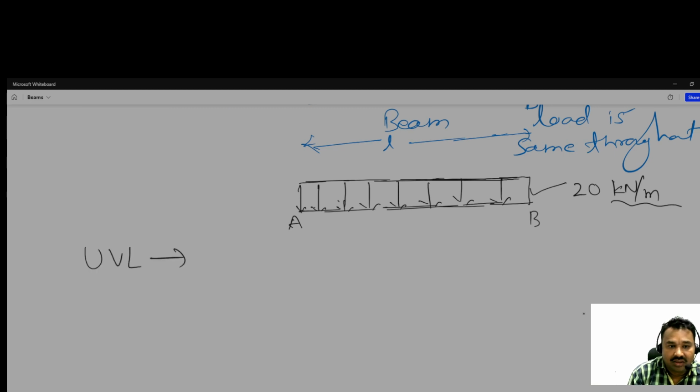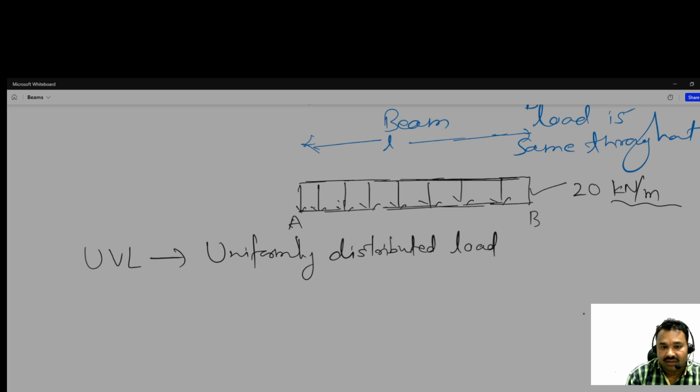UVL, uniformly varying load. Like this is the beam, and the load is distributed like this way, here, here. So this is the maximum height. Suppose W kilonewton per meter.